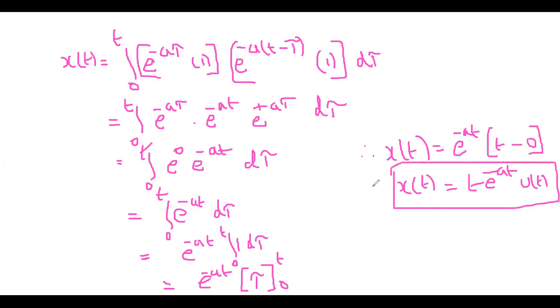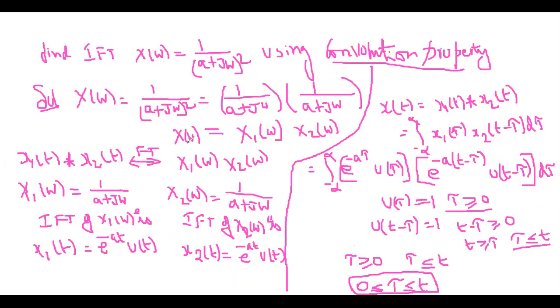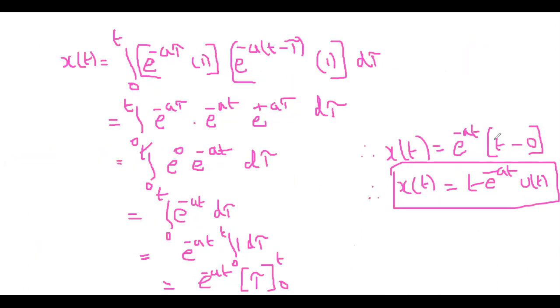What do they ask here? Find the inverse Fourier transformation of X of omega equal to 1 by (a plus j omega) whole square. We already know 1 by a plus j omega corresponds to e power minus at mu of t, and 1 by (a plus j omega) whole square means it is multiplied, giving t into e power minus at mu of t. We find only from 0 to infinity, the positive values.